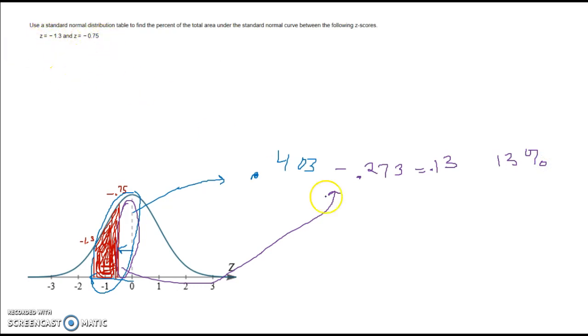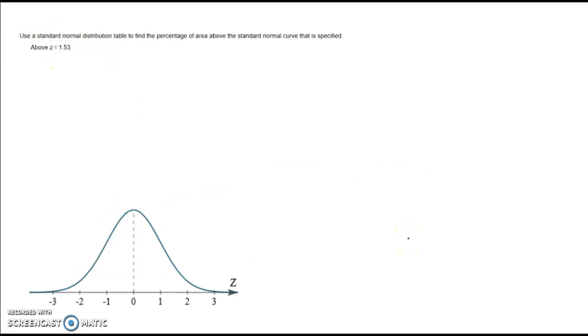Alright, let's look at the last one. I want to find the area above a z-score of 1.53. So 1.53 is somewhere over here, maybe right there. I know this whole side is 0.5, and I want to find this. So I'm going to find the area that goes with a z-score of 1.53 and then subtract it from 0.5.